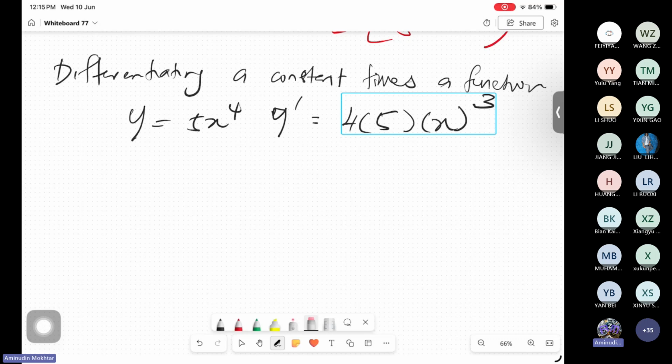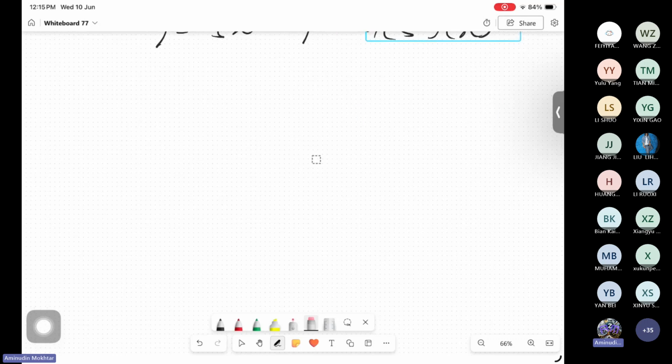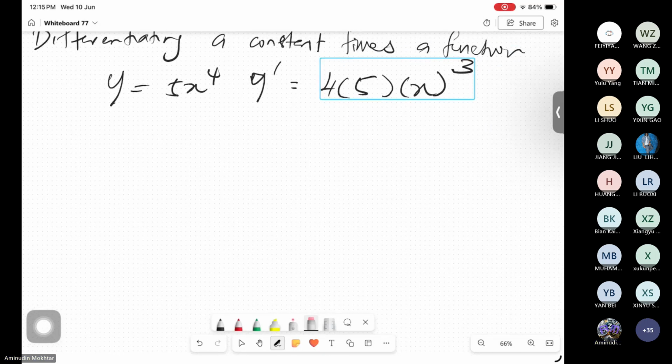Based on this example, this equals 20x to the power of 3. So the coefficient of the variable x, like 2x squared and so on, we must take into account if we want to find the first derivative.